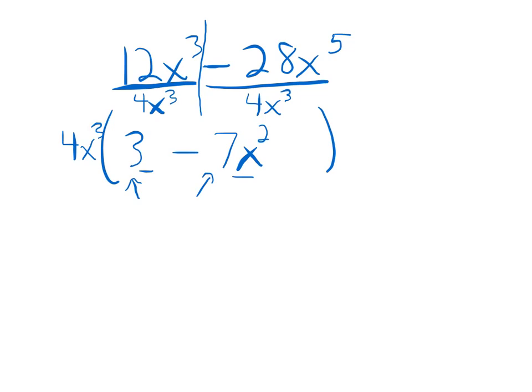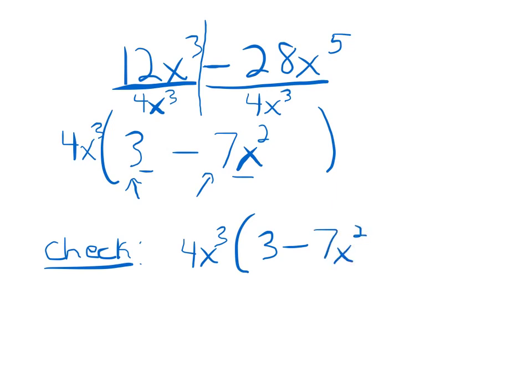Okay, now to check this, let's just show the work. 4x to the third power, and then we had 3 minus 7x squared. To check it, we can just distribute.